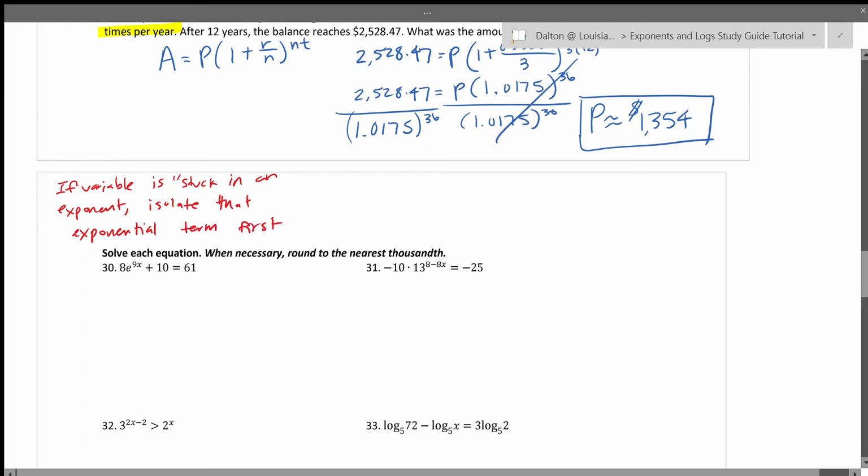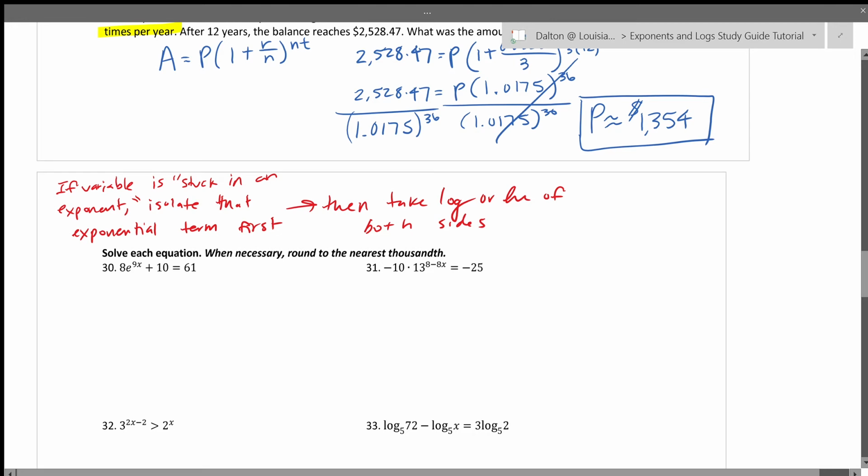If a variable is stuck in an exponent, we want to isolate that exponential term first. Once that happens, then take the log or the natural log of both sides. And that's what gets it down, so to speak.